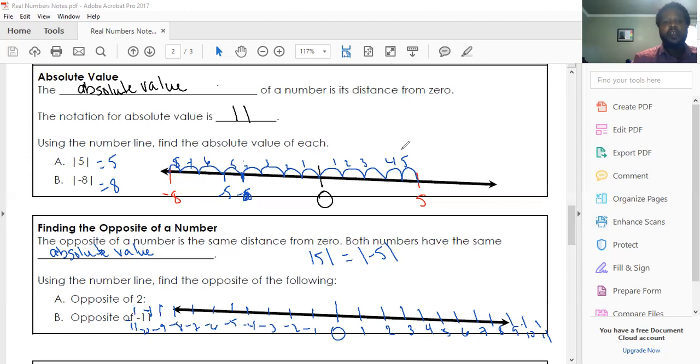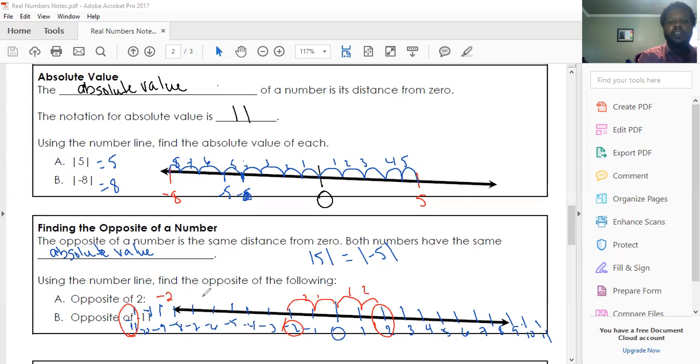They want us to figure out the opposite of +2, right? If +2 is here, what's the distance for 2 from 0? It is 1, 2 spaces, right? So what is 2 spaces to the left of 0? 1, 2, it's just -2, right? So the opposite of 2 is, of course, -2. And what's the opposite of -11?